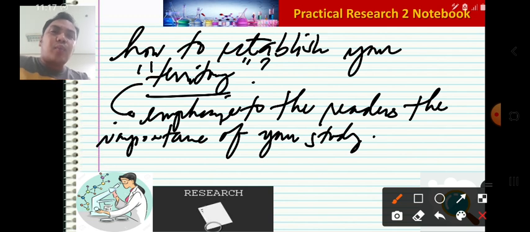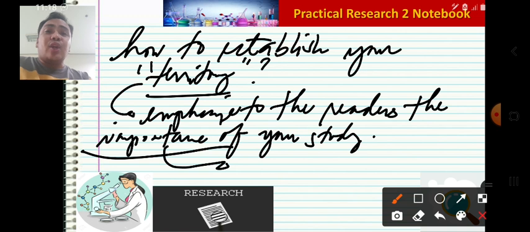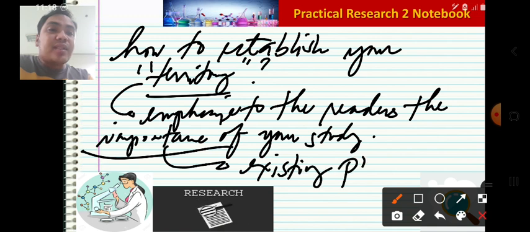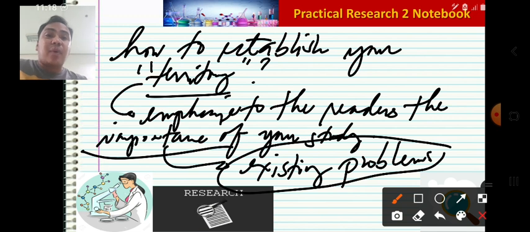That is, what's the importance of studying Xanthomonas campestris in the field of agriculture? Okay? And why is it important? Obviously, your study is important because it can solve the existing problems. So the last part for you to establish the territory of your research is to identify the existing problems in your study.